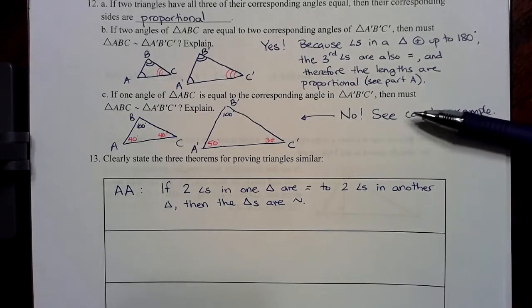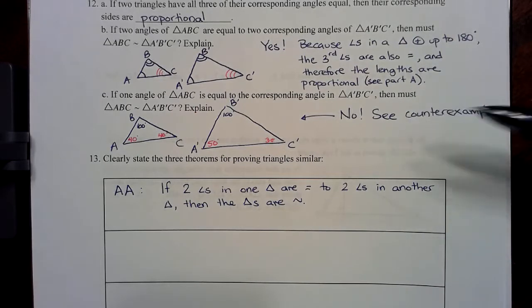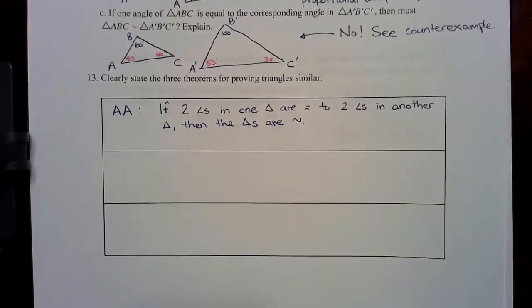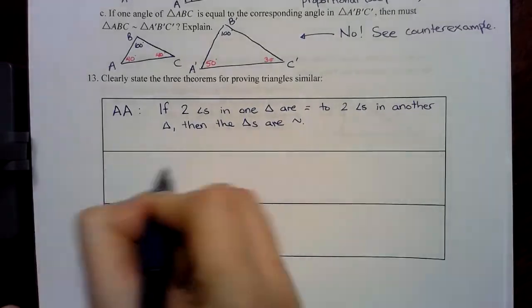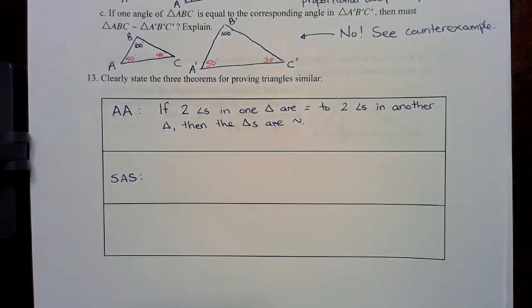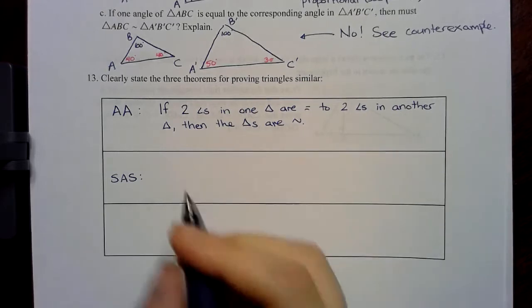So there's our one theorem with two angles. One angle was not enough, but if you had only one angle, you would need some sides to go with it. So if I had only one angle, I could have something like SAS. Remember, SSA and ASS do not work. You could get two triangles that have different angles in them, right?